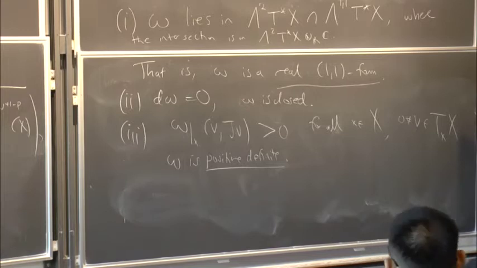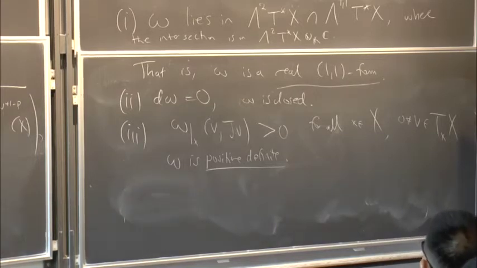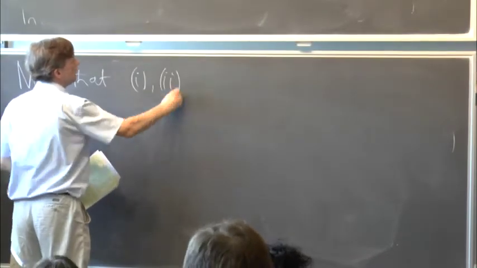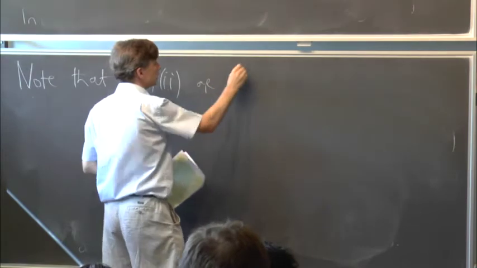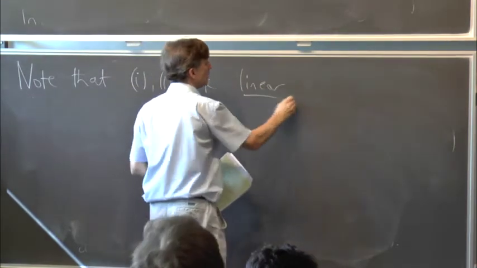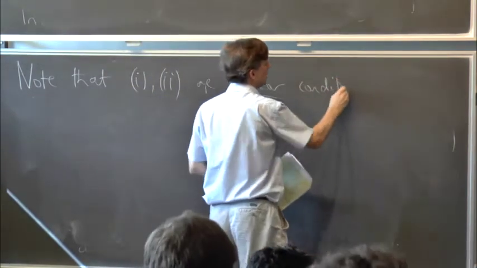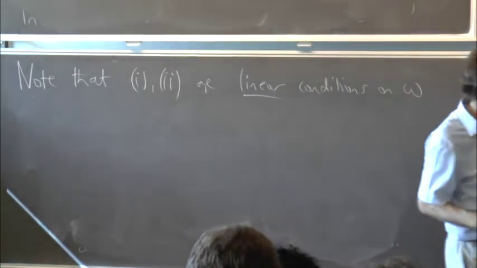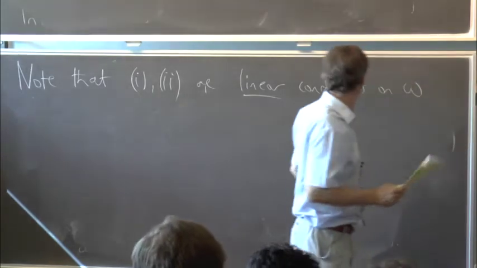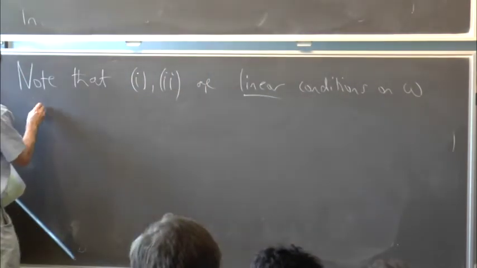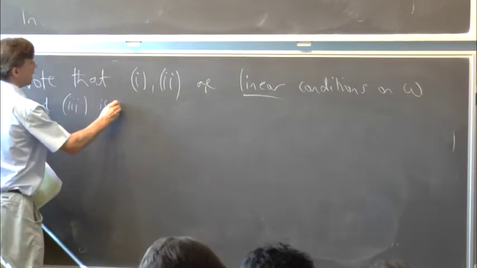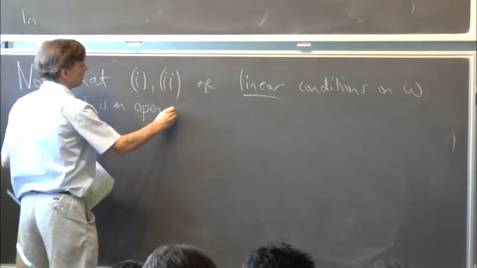So let's note that conditions 1 and 2 are linear conditions on little omega. So the set of solutions to them will be a vector space. And 3 is an open condition.